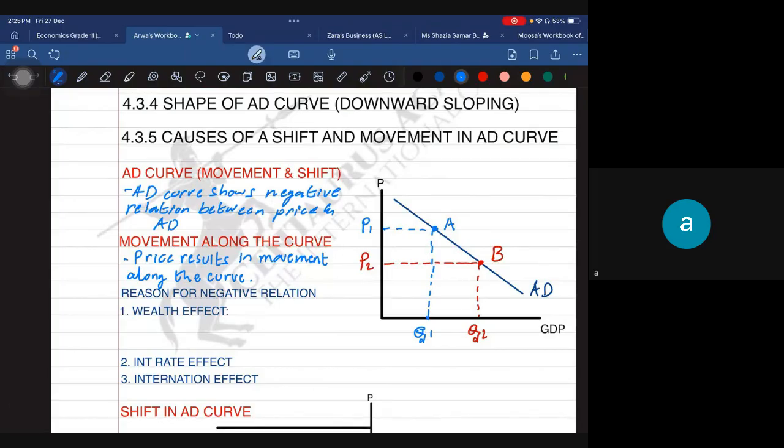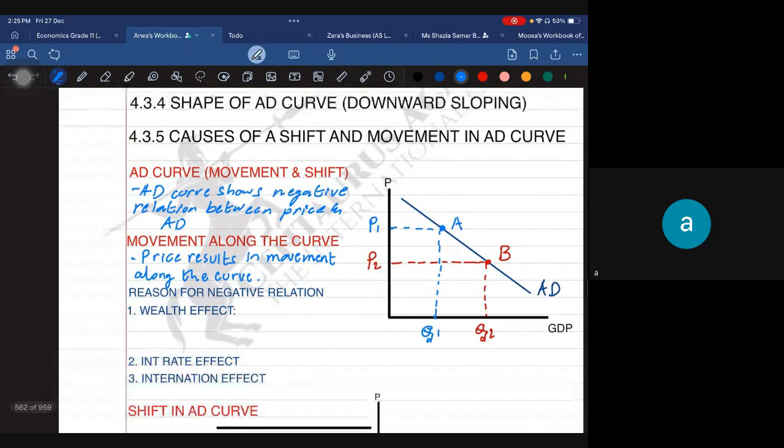Wealth is not talking about income, it's talking about wealth. What happens if the price rises? Given the wealth you have, you will be able to buy less than before.